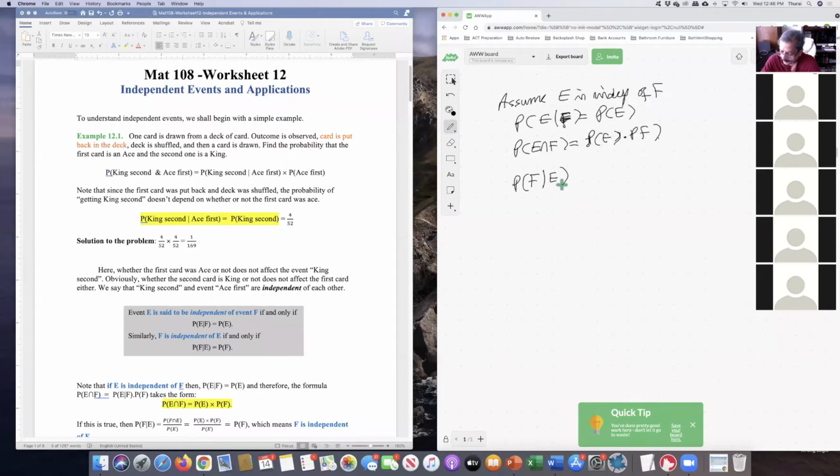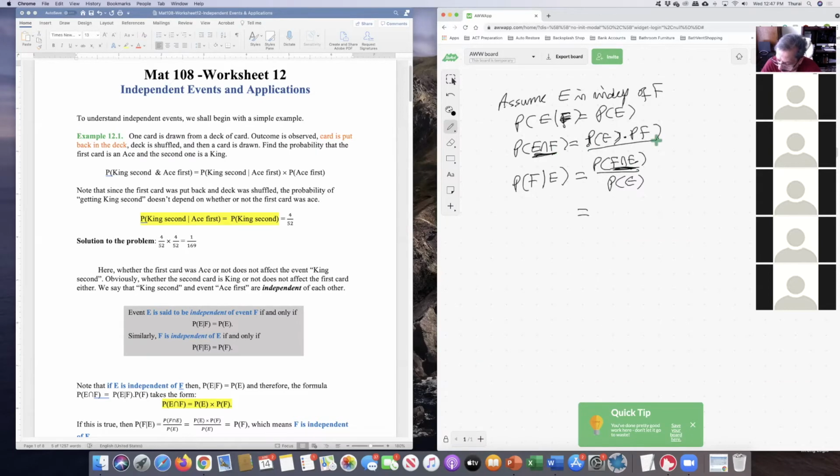So let's take probability of F given E and apply the formula. We have a formula for the conditional probability, which is probability of F intersection E divided by probability of E. But we already have probability of F intersection E, same as E intersection F, equal to this.